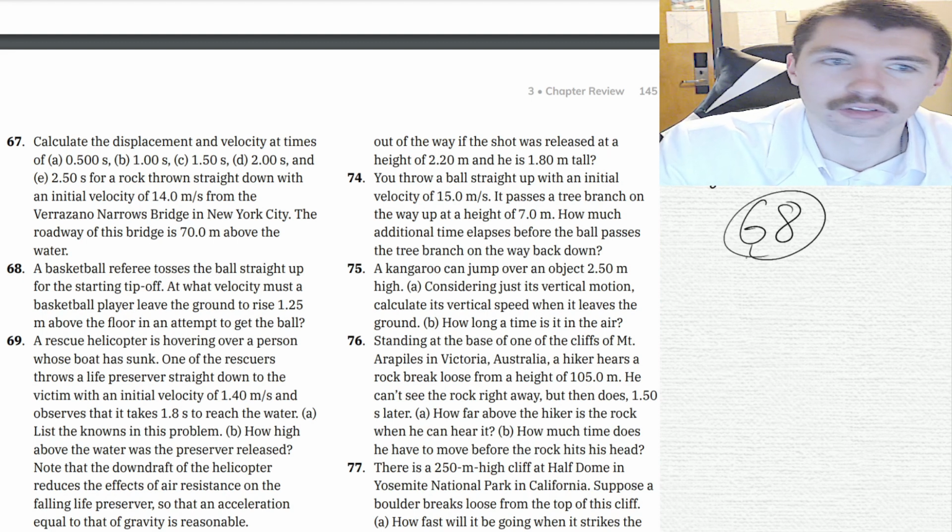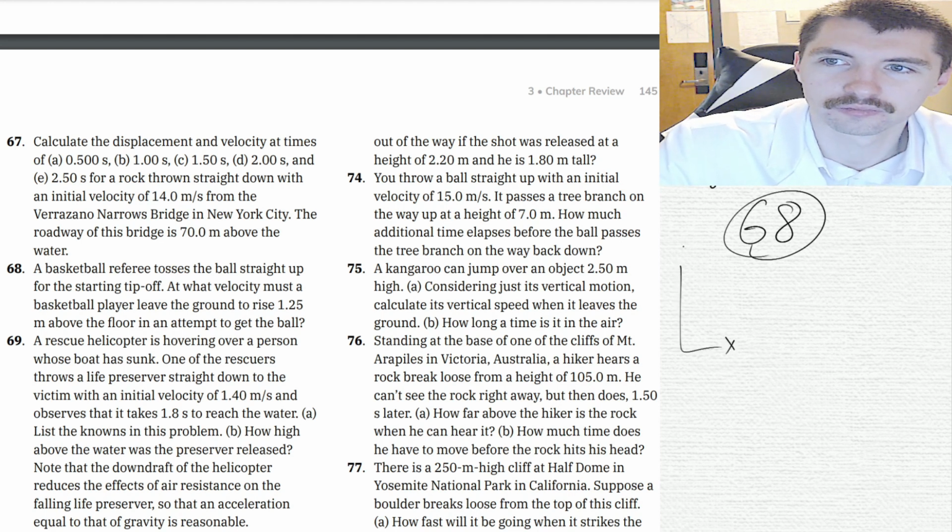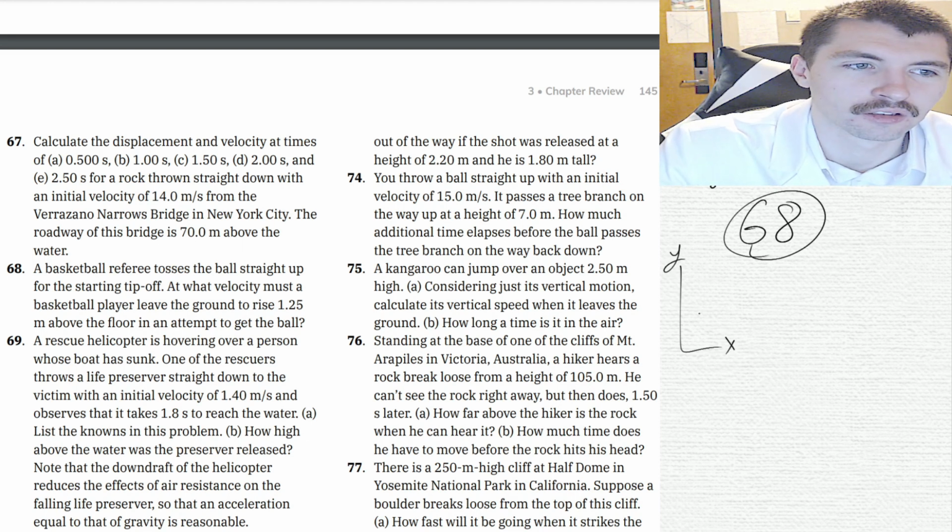68. Fastball referee tosses the ball straight up. So the ball is here. What velocity must a fastball leave the ground?